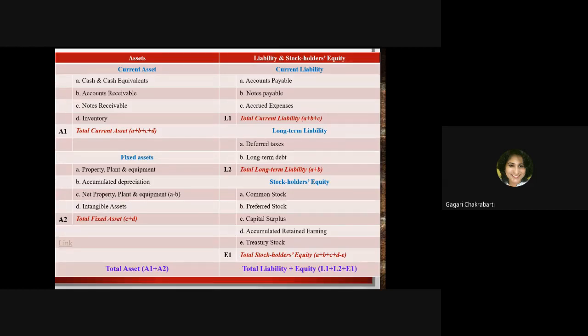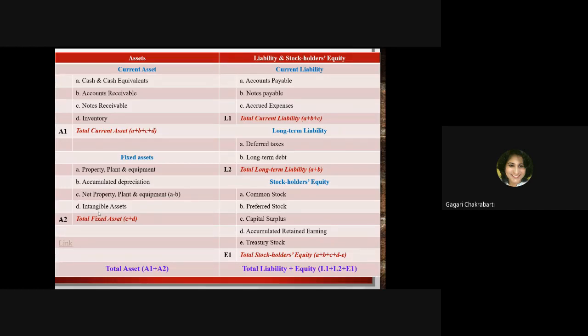In the fixed asset, as you see, there is a difference between the tangible assets and the intangible assets. Within the tangible asset, you have the plant, equipment, and the properties, less the depreciation, and then you have the intangible assets. So you may have patents, goodwill, reputation, anything that is a result of research and development.